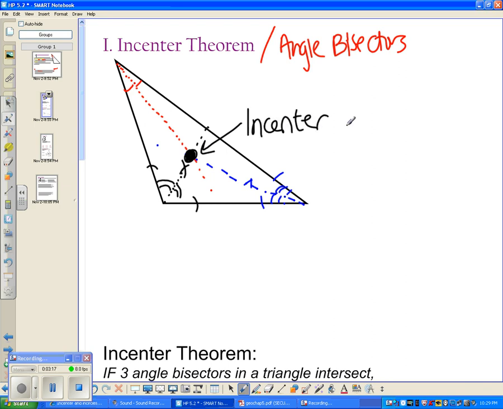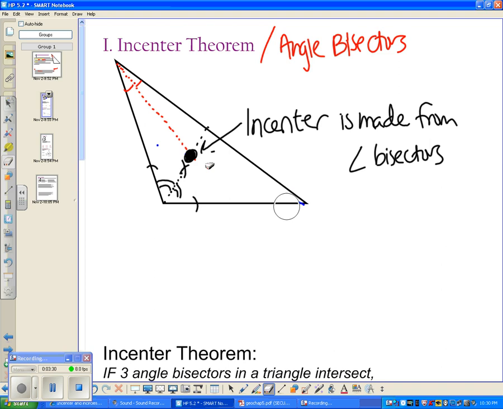So again, the incenter is made from angle bisectors, and that's important. The reason why that's important, I'm going to erase some of these lines, is because once we have that incenter, something special happens in that triangle. Again, this is the incenter.